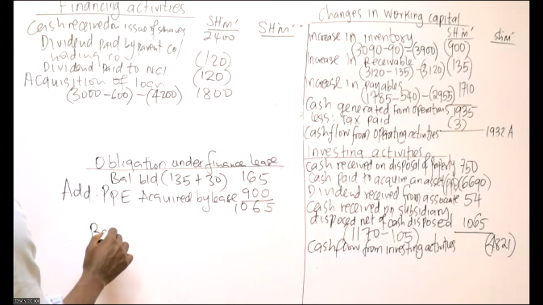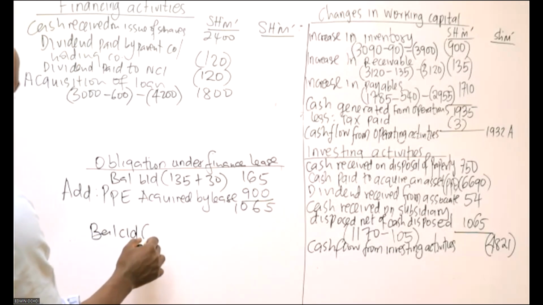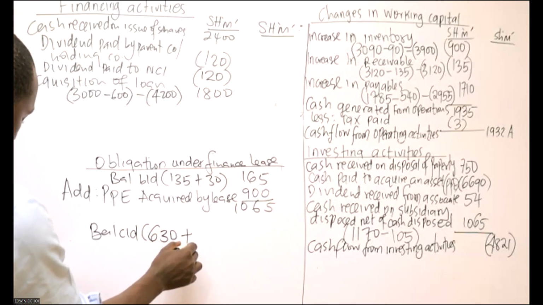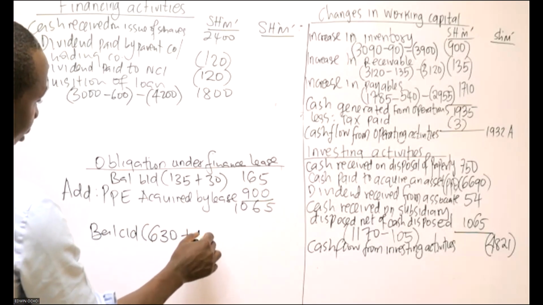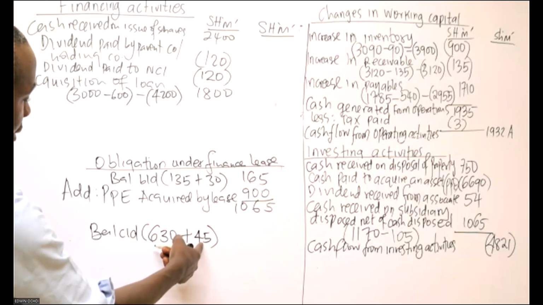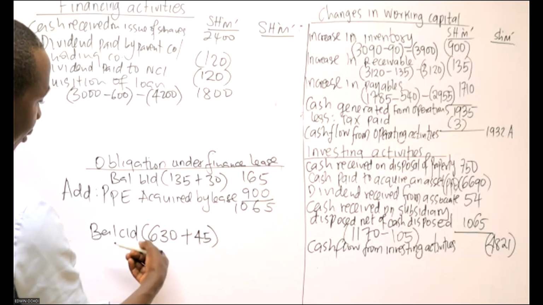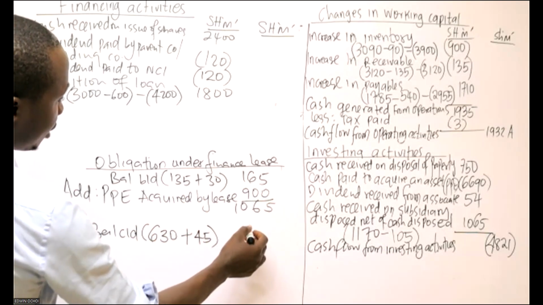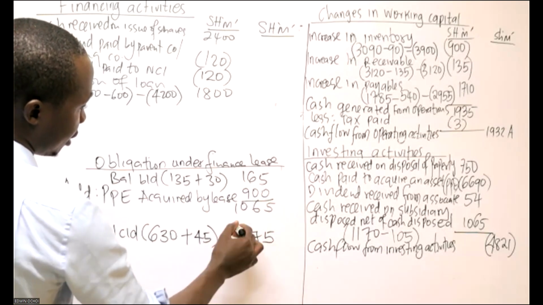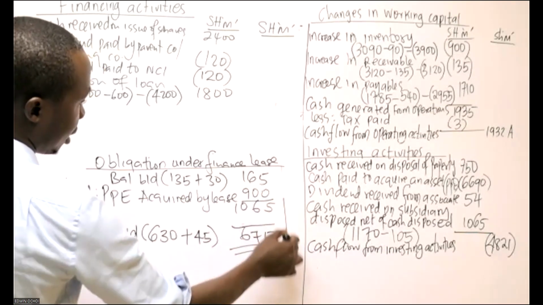Compare with your balance carried down. So the balance carried down here is 630 plus what? 45. Under non-current liability and current for 2017. So this is 675. 675. So there's a reduction.